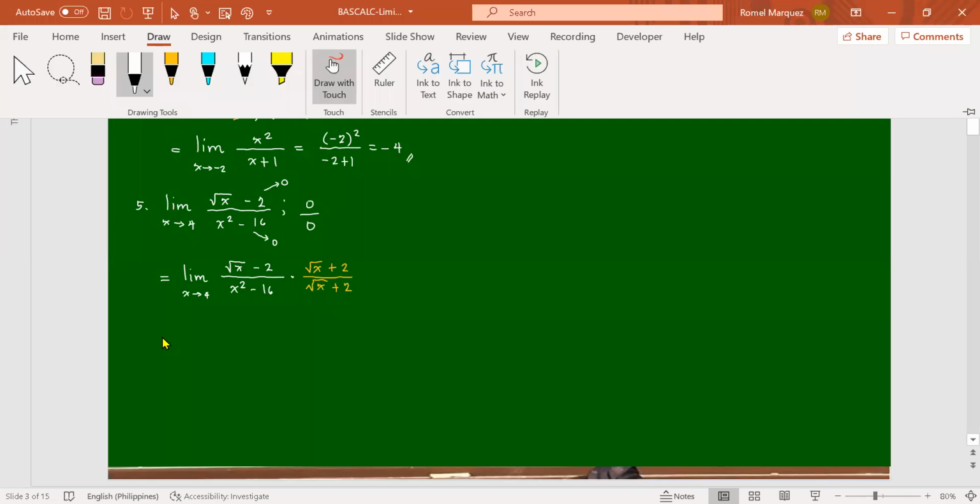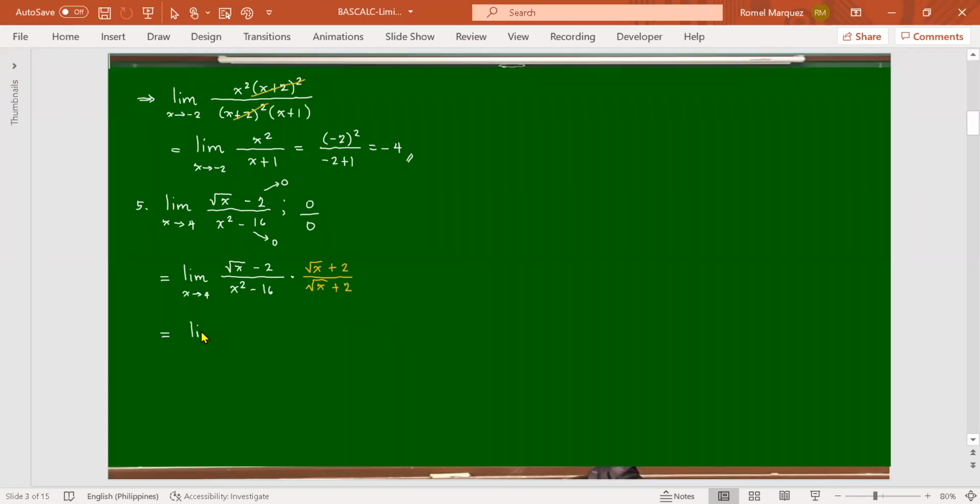So we now get this limit as x approaches 4. What's the product of the numerator? Tuloy mo na, Iha. x minus 4. So it is x minus 4. What about the denominator? Factor mo na rin. x plus 4 times x minus 4. Okay, and then multiplied by square root of x plus 2.